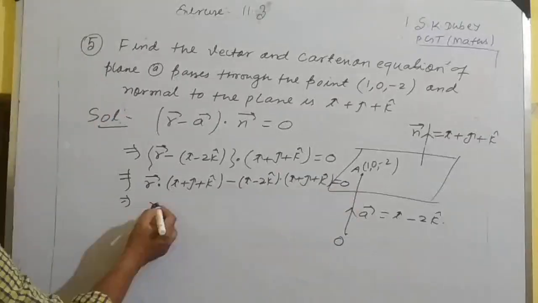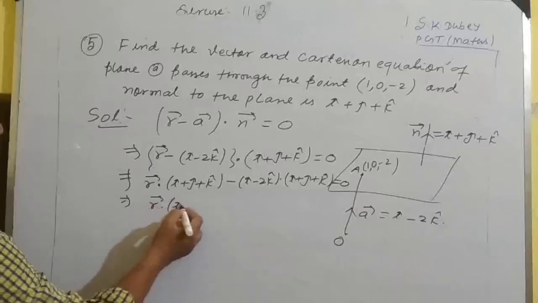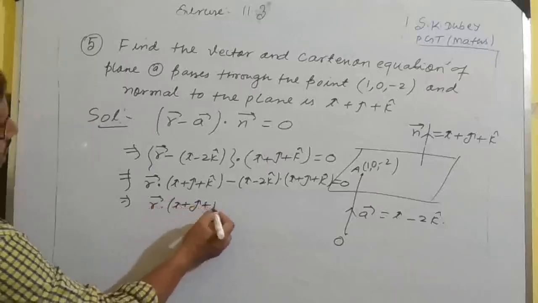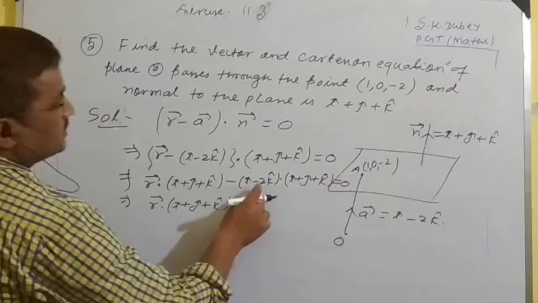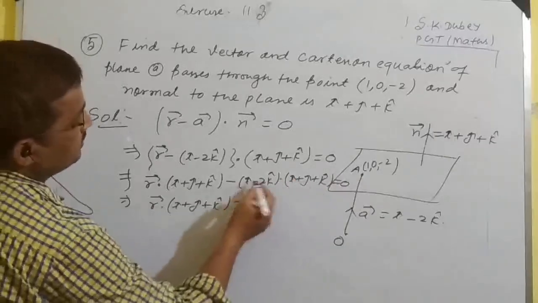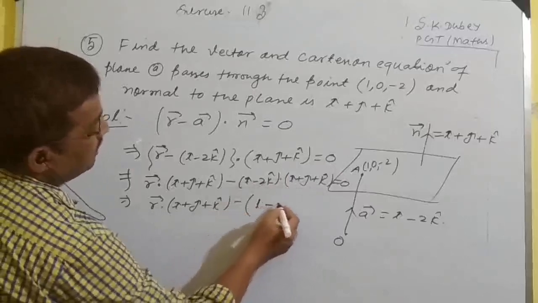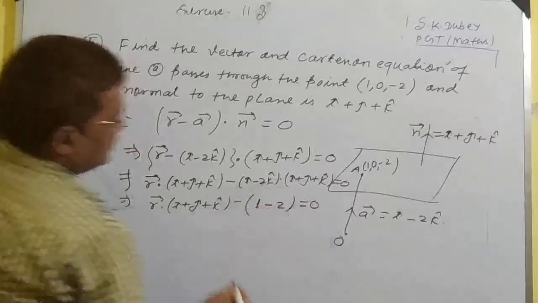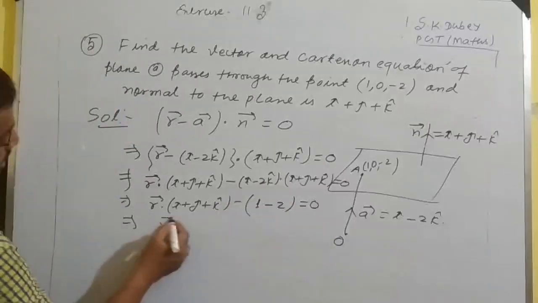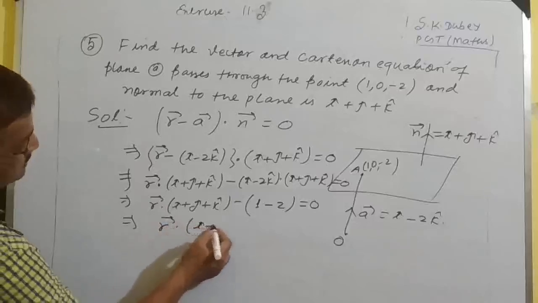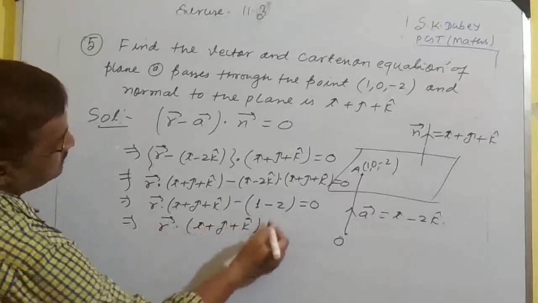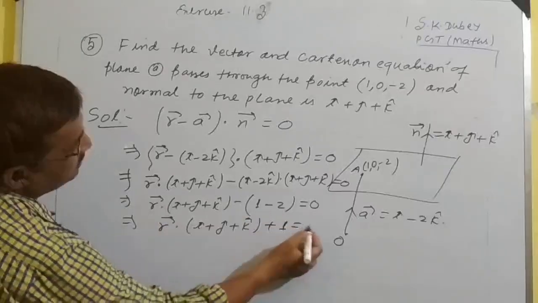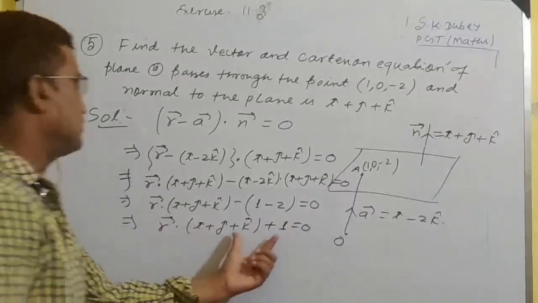This is r dot (i plus j plus k) vector minus, taking the dot product of these two vectors, 1 minus 2, is equal to 0. Now r dot (i plus j plus k) vector minus of minus 1, that is plus 1, equal to 0. This is the vector equation of the plane.